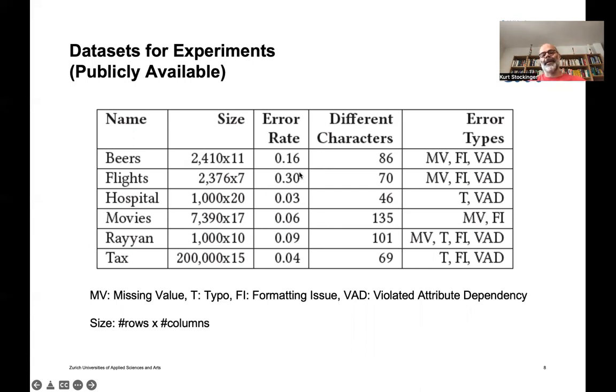So it has a higher error rate, which might mean a different approach and different complexity. We also see how many different characters they have and what error types are in the data set. For instance, MV is a missing value and VR is a formatting issue.